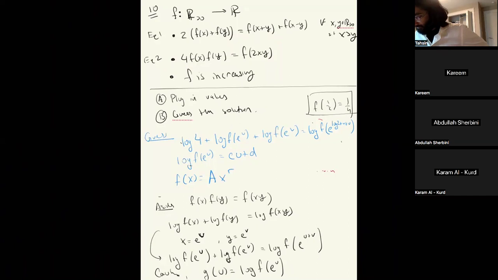Maybe I'll write c for the constant. So in the end, it should be c times x to some power. Okay. So that should at least be our guess.